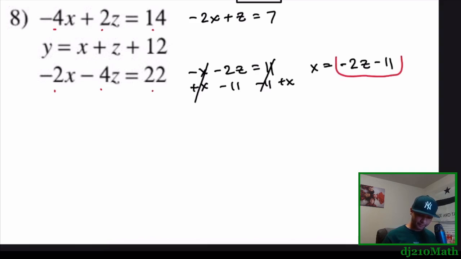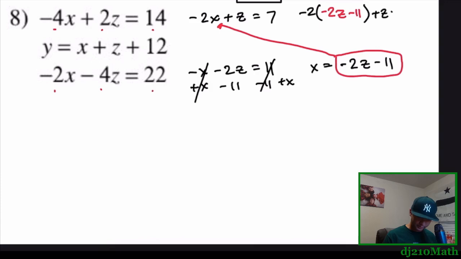I got a plan: x is equal to this, and it's going right there to solve for z. Negative 2 times x, in this case negative 2z minus 11, plus z equals 7.